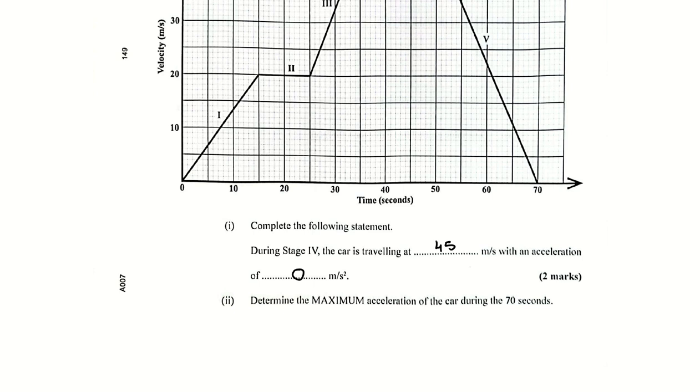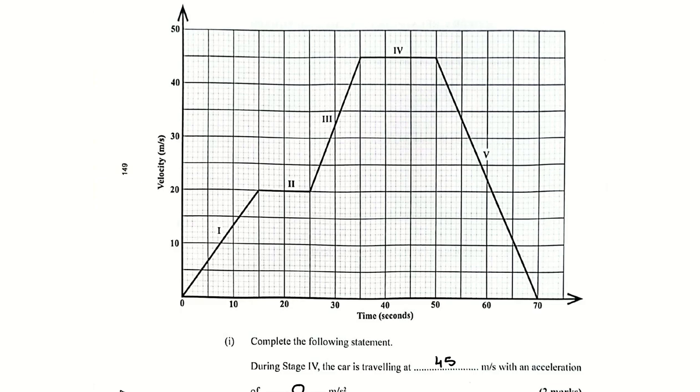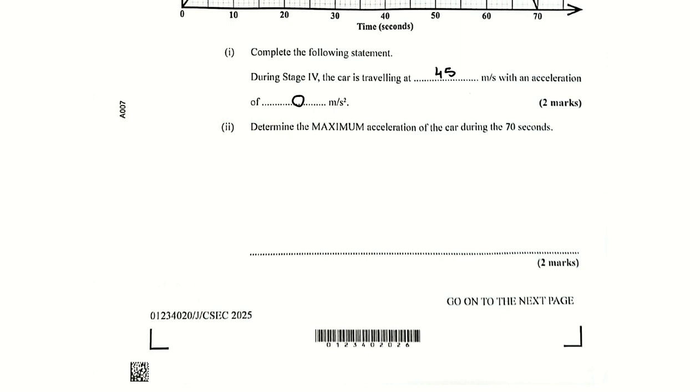We know acceleration is the change of speed or the change of velocity with respect to time. There's no change of velocity, it's a straight line, right? So it'll be 0.